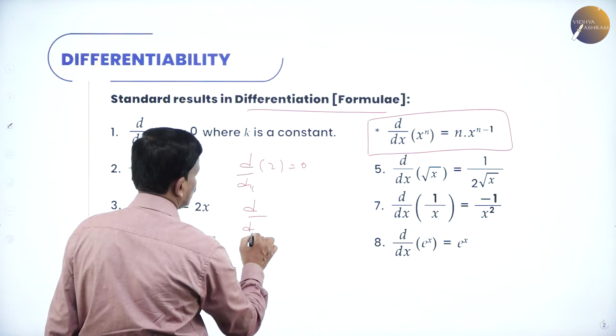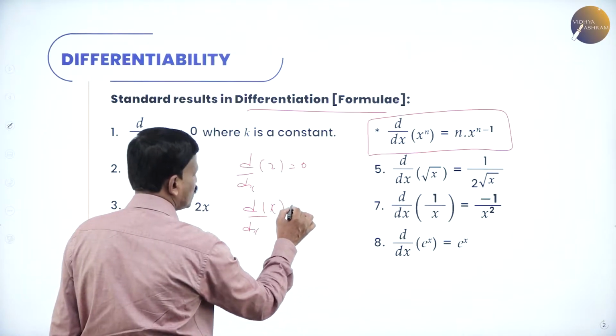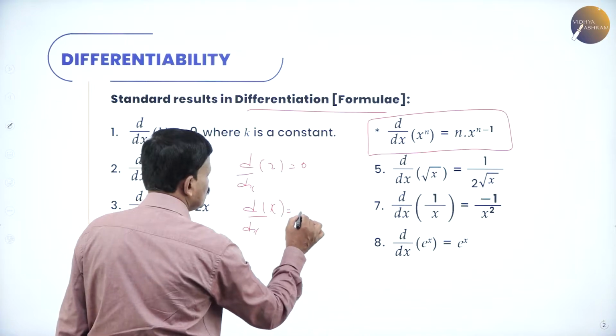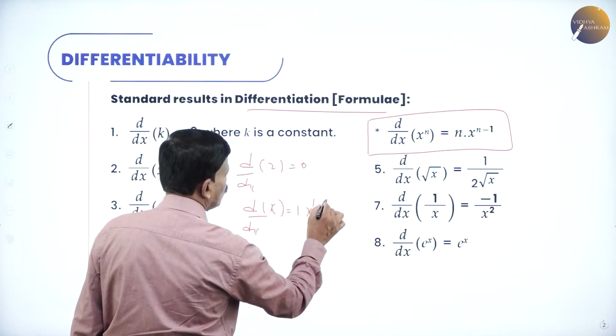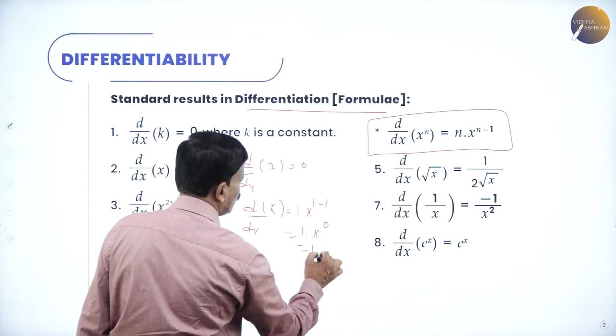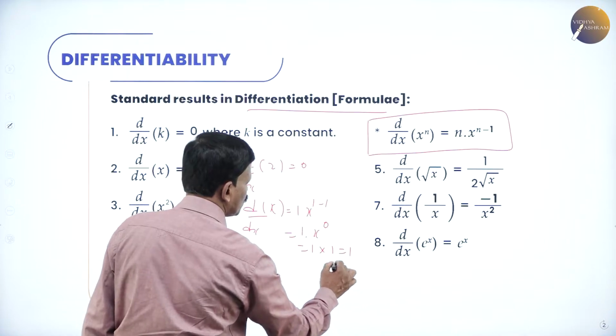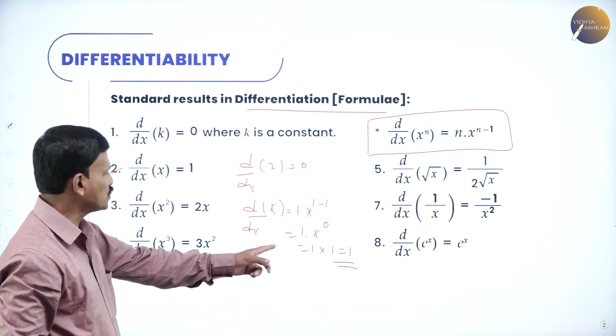Here x is nothing but x to the power of 1. So what is n here? n is 1, so 1 times x to the power of 1 minus 1, that is 1 into x raised to 0, which is 1. So derivative of x is equal to 1.